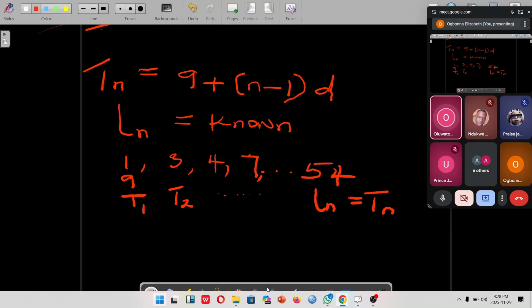When there is infinite sequence. Exactly, that's correct, when the last term is what? Is unknown. Beautiful. Then somebody now tell us the one on the board. What we have on the board now is when the last term is known.